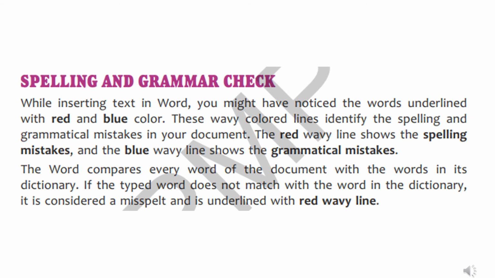Maybe you have seen that when you are writing your name, always when you are using school computers, your name will be underlined with a red wavy line. What does it mean? It means it's not an English word, it is not in the dictionary of MS Word. So you can add that word in the dictionary if you are using your own PC or computer, and then it will not show a wavy line beneath your name.